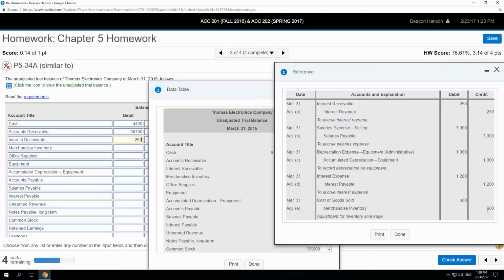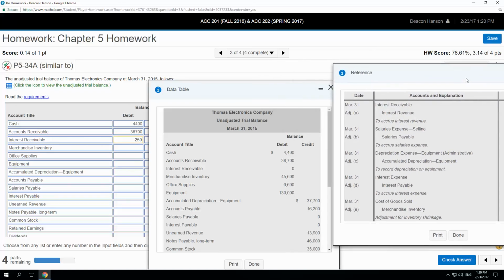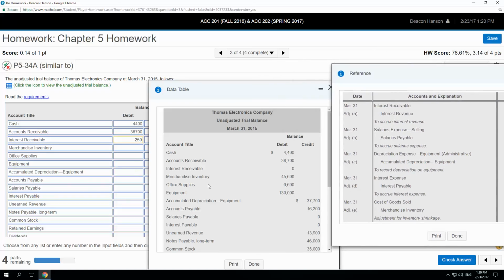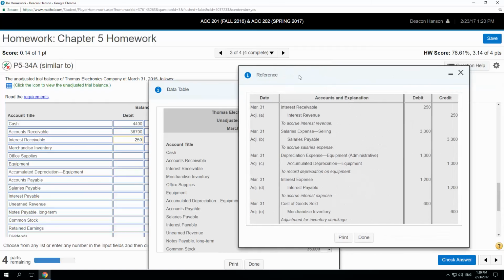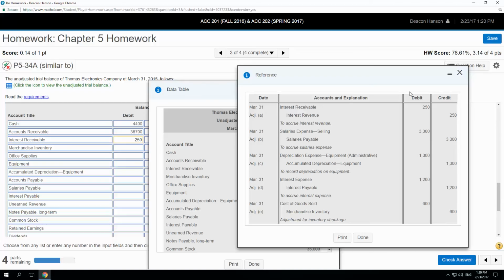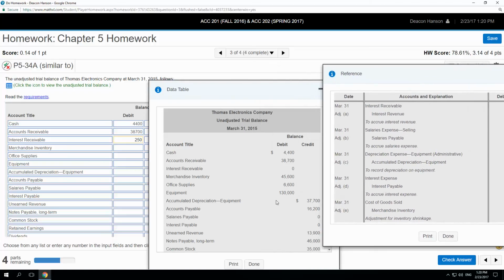Inventory decreased by 600. So I will look at my inventory, 45,600. If it got credited for 600, that means this debit balance of 45,600 has to go down by 600. So you're left with 45,000 in inventory.